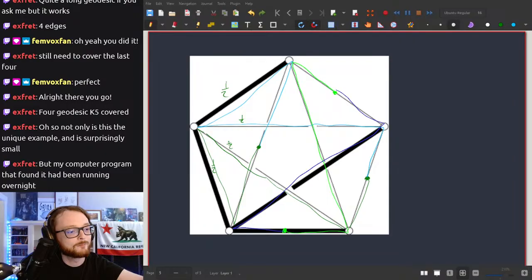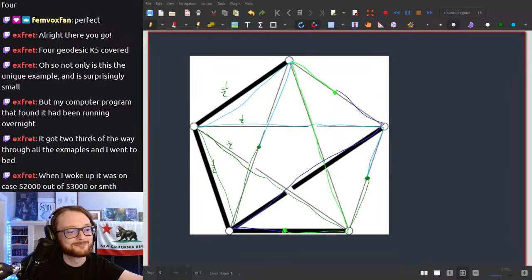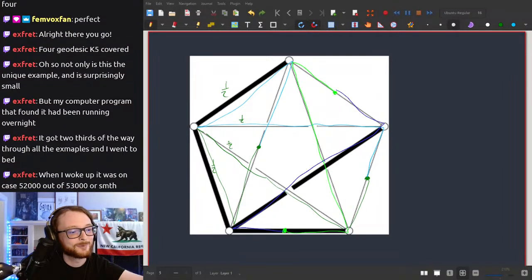My computer program found it, it had been running overnight. Wow, it took all night to find it. You got two thirds of the way through all the examples and you went to bed. The notebook was on case 52,000 out of 53,000.